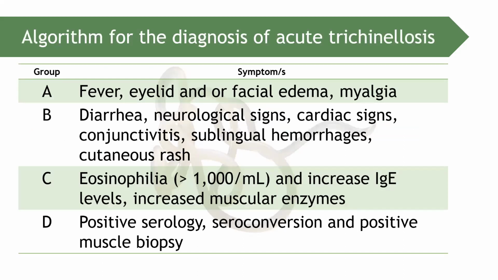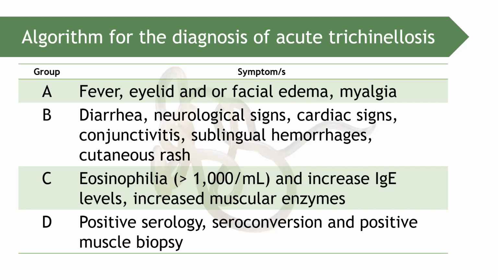Now, this is the algorithm for the diagnosis of acute trichinosis, divided into 4 groups: Group A, B, C, and D. Group A: fever, eyelid and facial edema, including myalgia. Group B: diarrhea, neurological signs, cardiac signs, conjunctivitis, subungual hemorrhage, and cutaneous rashes.